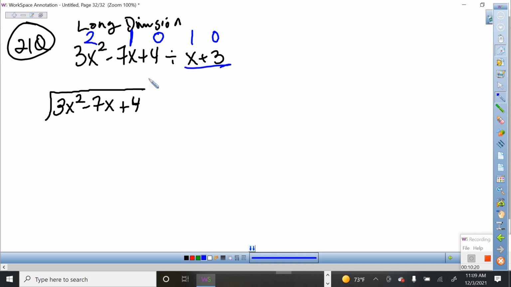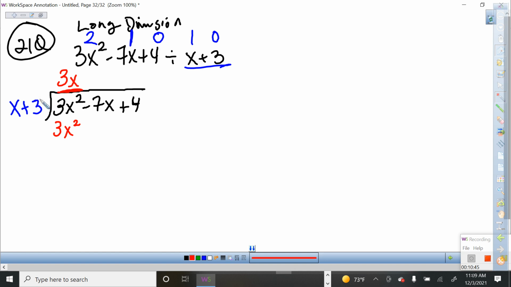Our divisor is x plus 3. This is probably taking you back to elementary school, when they asked you to do long division. So, question: what number times x gives me 3x squared? 3x, yes. 3x times x is 3x squared.